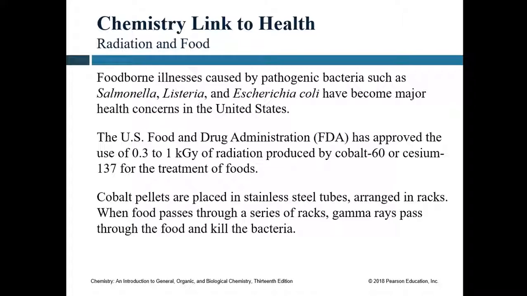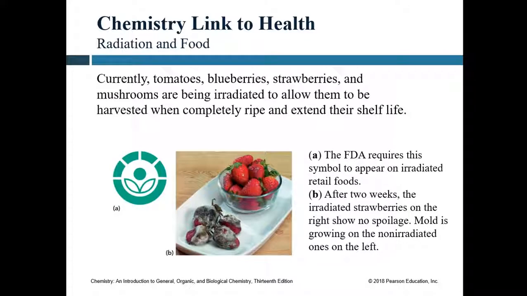Cobalt pellets are placed in stainless steel tubes arranged in racks. When the food passes through a series of racks, gamma rays pass through the food and kill the bacteria. Currently, tomatoes, blueberries, strawberries, and mushrooms are being irradiated to allow them to be harvested when completely ripe to extend their shelf life. Why? Because then the bacteria is not on it.